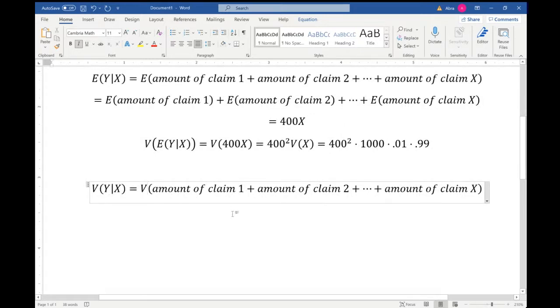Can you split apart variance too? When can you split apart variance? If they're independent. Yes, it specifically says the claim amounts are independent. So we can.